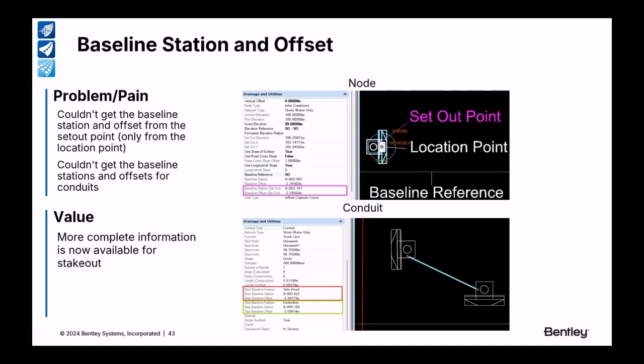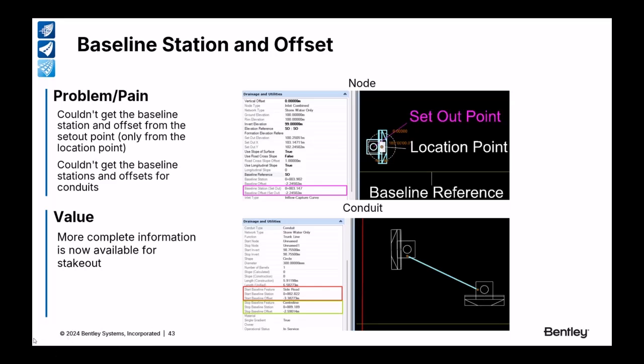But in our cells for our nodes, you can also define a set out point. So it might be at the back of curb or something like that. And that's the information that you might need on site to actually stake out the location of a node, a catch basin, for example. And we didn't have a way of getting the station and offset to your road center line from that set out point. So we've added that in as well now.